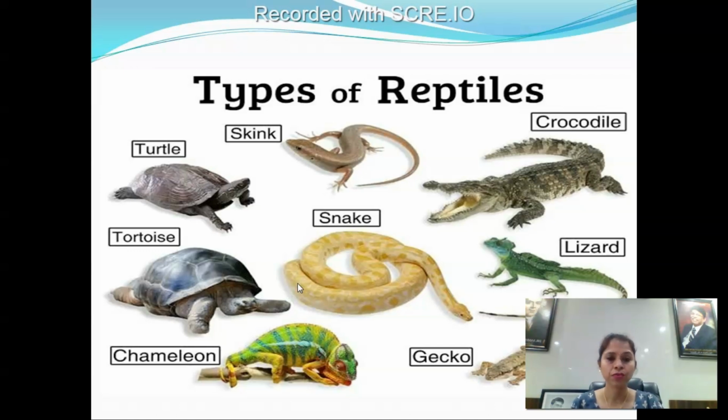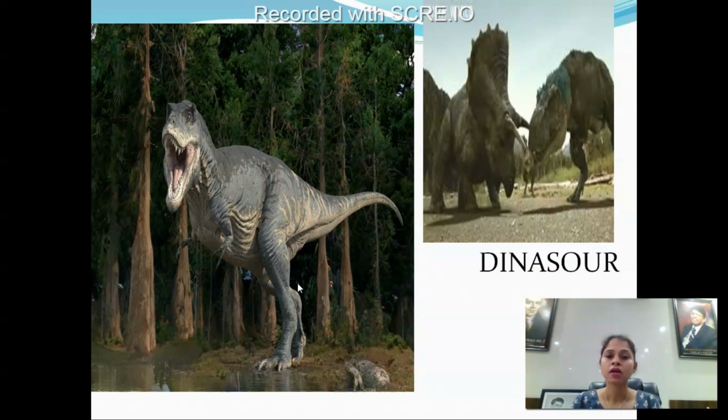I will not go into those intricacies, but remember the need of these reptiles was that I need to adapt to this land also. Here the adaptation was so tremendous that these reptiles came as giants, and they are the dinosaurs. These dinosaurs existed on this earth and ruled the planet for millions of years. But see, Mother Nature has its own way of taking revenge.